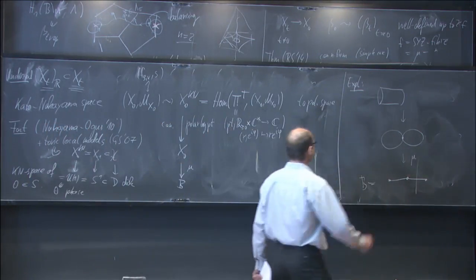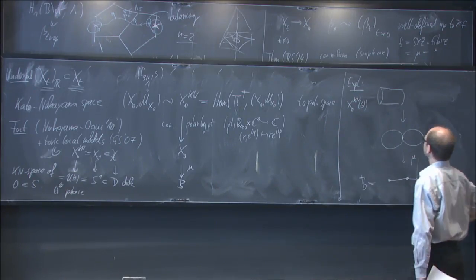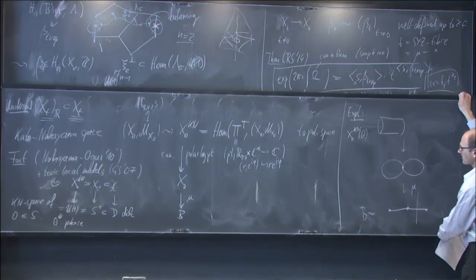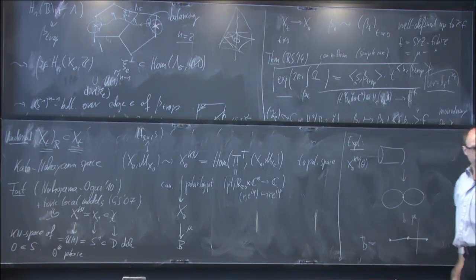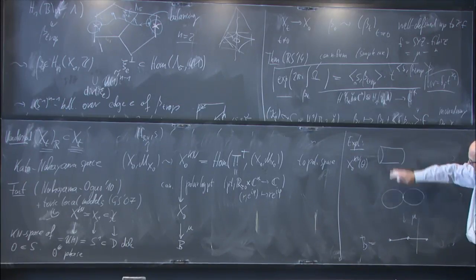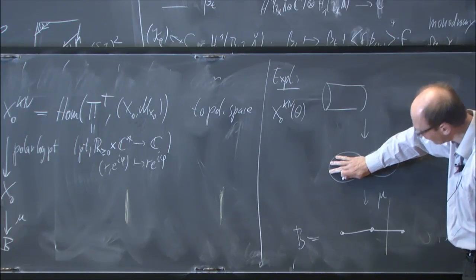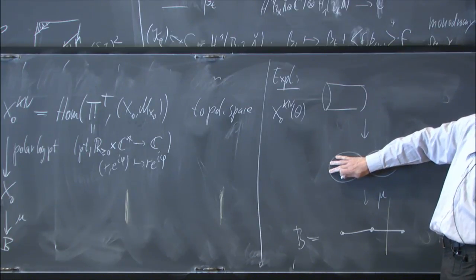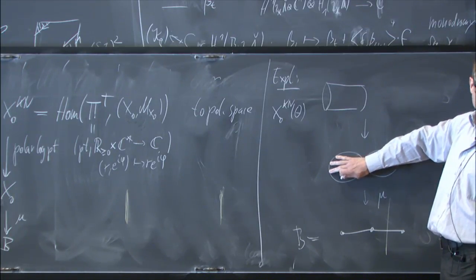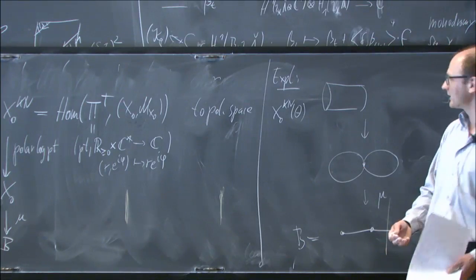So let's call this maybe x0^KN, and then I fix some phase theta. Okay? And any of these, the Kato-Nakayama space living over a maximal cell, will just be over an irreducible component.